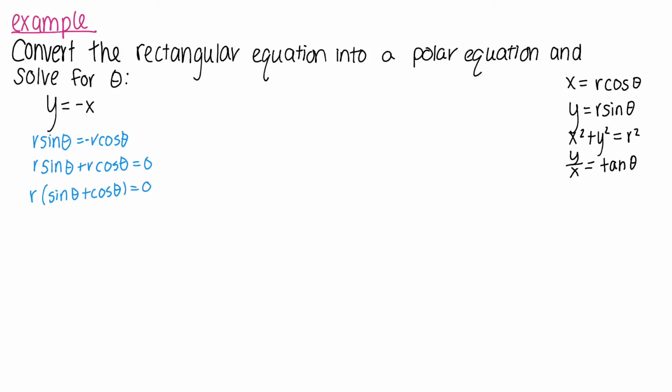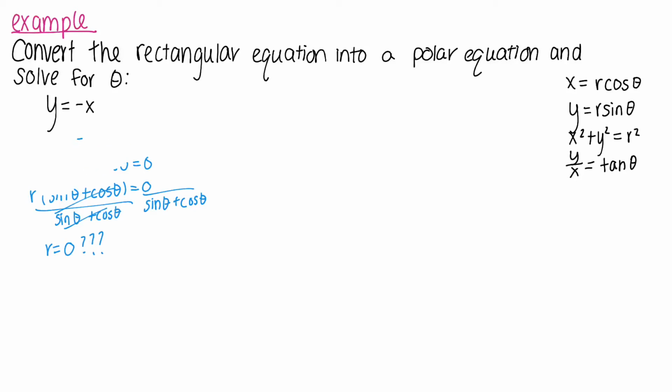But here's the issue. When you go to divide by sine theta plus cosine theta, it's a 0 in the numerator, so you would just get 0. You would just get that r equals 0, which doesn't quite make any sense. That doesn't quite look like a right answer. So we need more tools here.